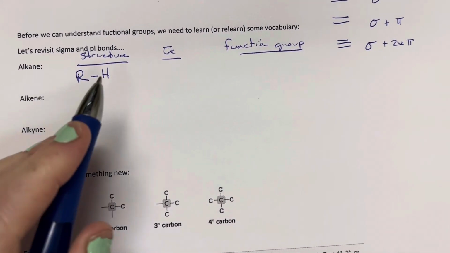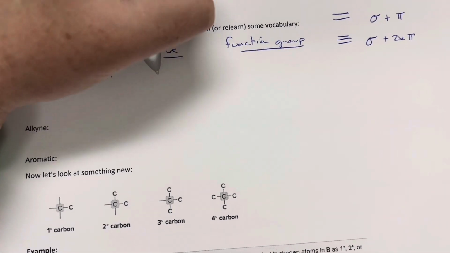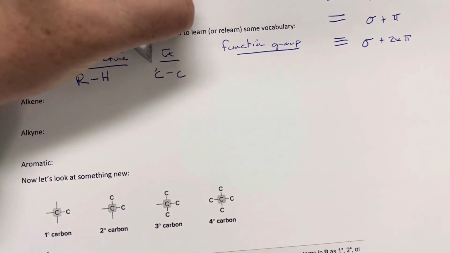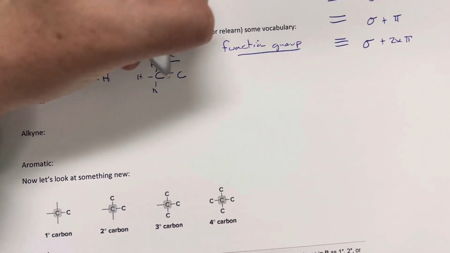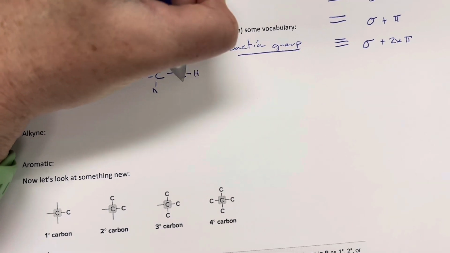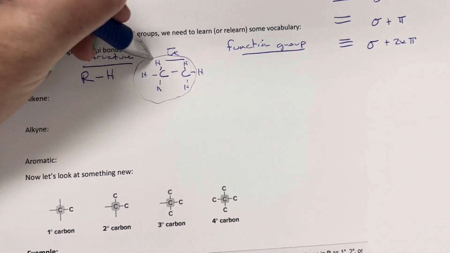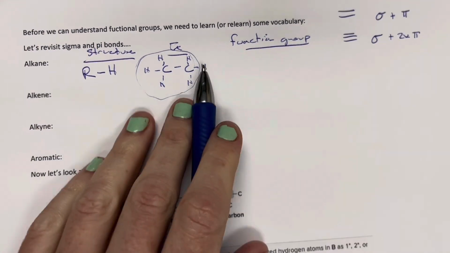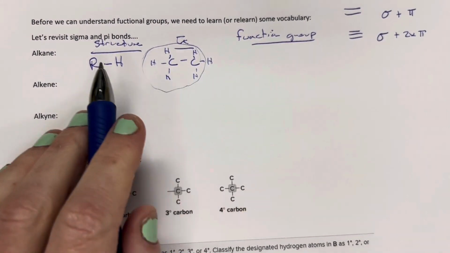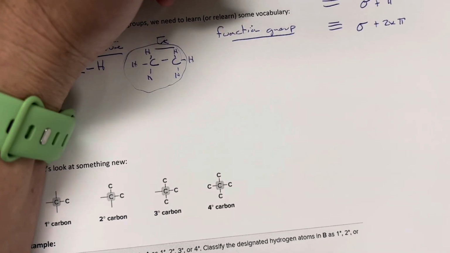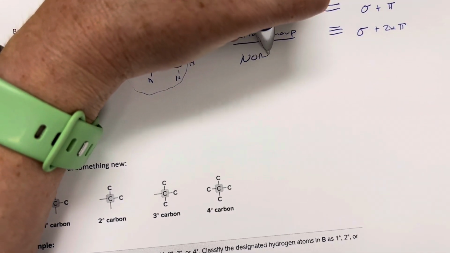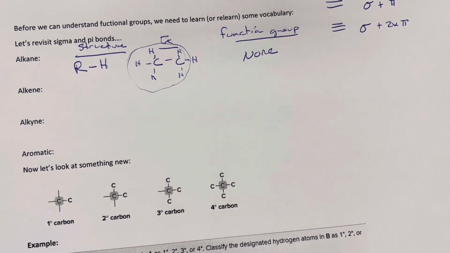An example would be a carbon to a carbon. So if we're looking at just hydrogen, this would be the R group. It's an alkane, so it's singly bonded stuff, and the functional group would be none, like we just discussed. That's not a functional group.